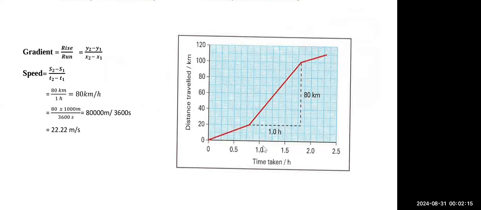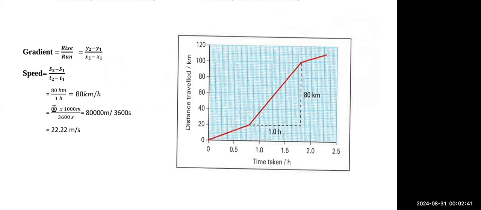This is a distance time graph, so you have to find the gradient. The question has given you the values of distance and time. Distance is 80 kilometer as mentioned in the question, and time is 1 hour. It will be equal to 80 kilometer per hour.